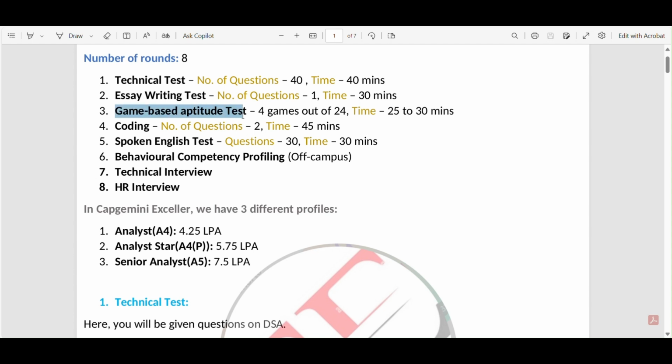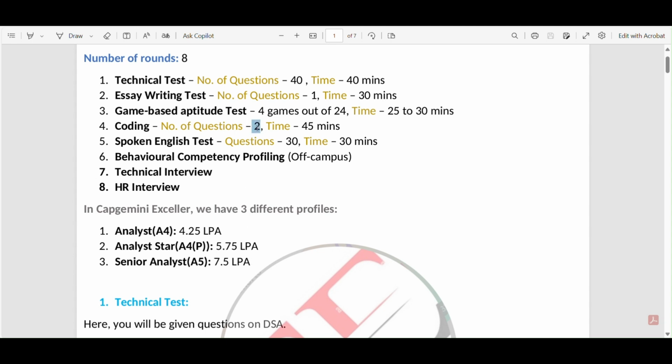And when you qualify here also, then you will be having a coding round with two coding questions, and time is 45 minutes. In 45 minutes you need to do two codes. If you do both questions, then you will be assigned to a 7.5 LPA role.